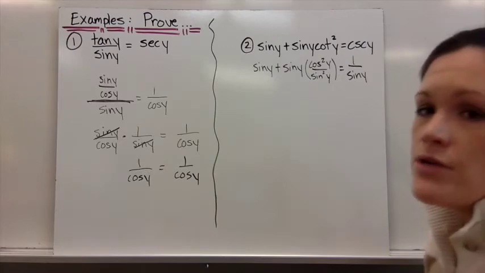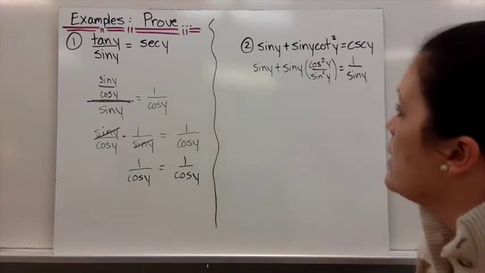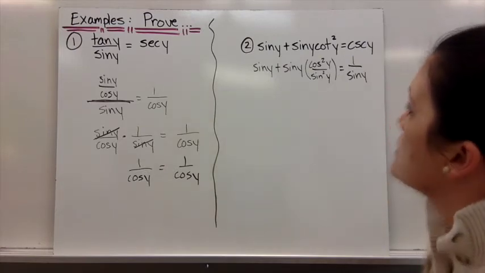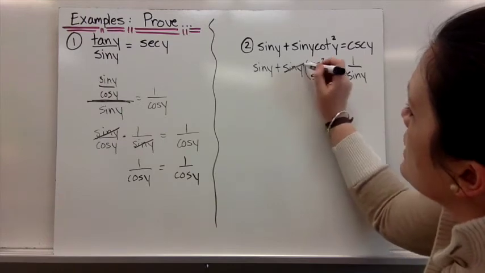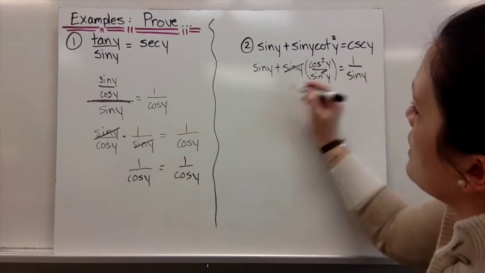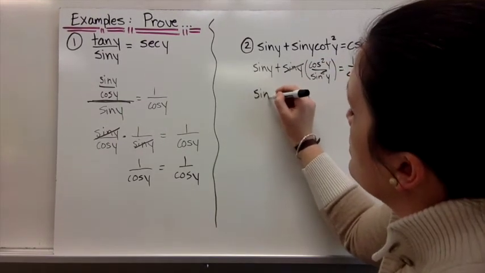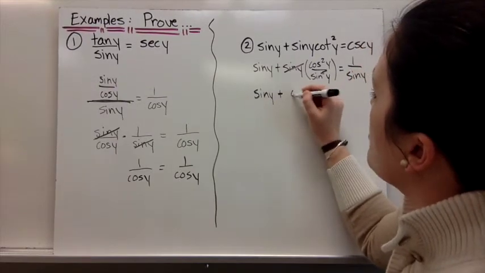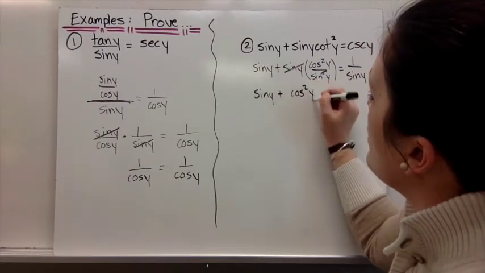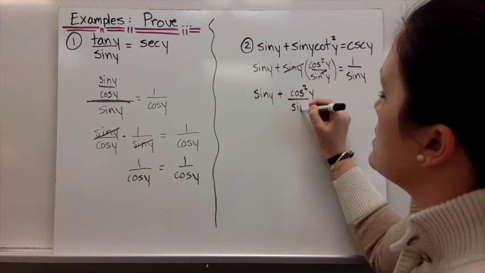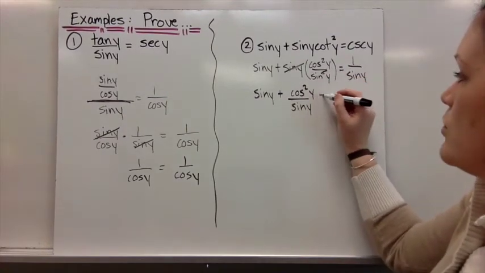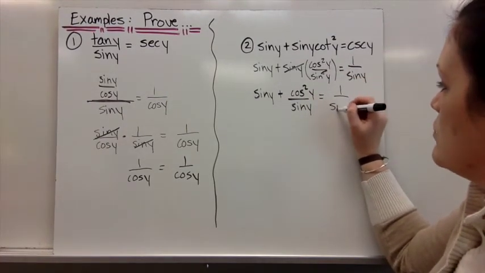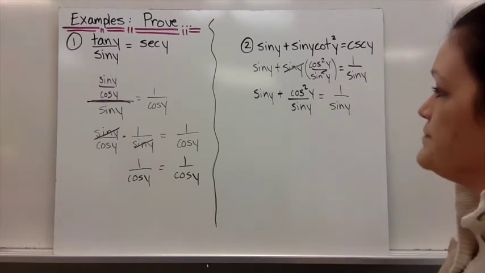And now I can look for what I can reduce or combine. So let's see, the sine of y will cancel out one of the ones in our denominator. So I'm going to bring down the sine of y plus the cosine squared y over sine y, but it's no longer squared, equals 1 over the sine of y.